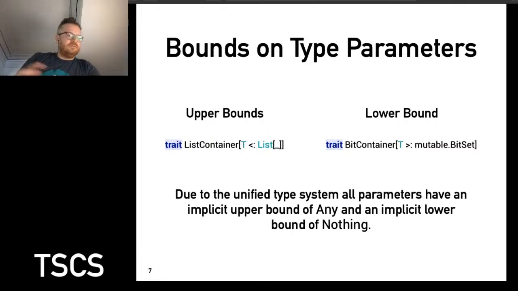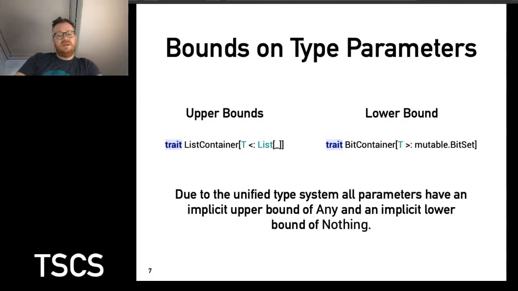As you've seen before, Scala has a unified type system, so all parameters have an upper bound of Any and an implicit lower bound of Nothing. And you can make that much more narrow if you like. You can really limit your type parameters to the explicit parts that you would like them to be.